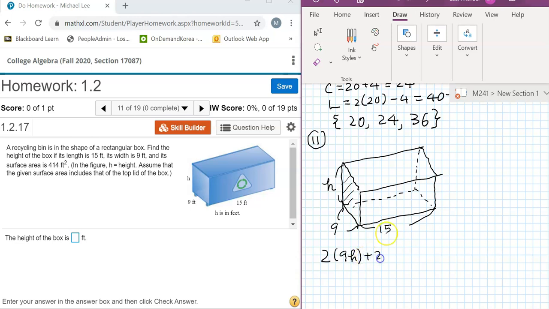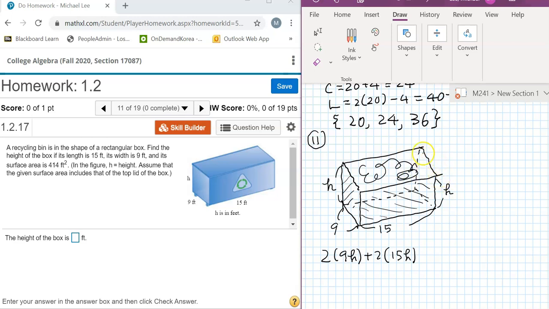Plus twice, so what is this area? This is h, this is another h right there. So twice of 15h. And then we have the top and the bottom, right?